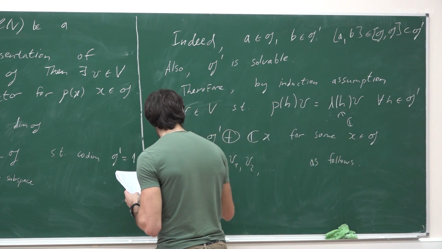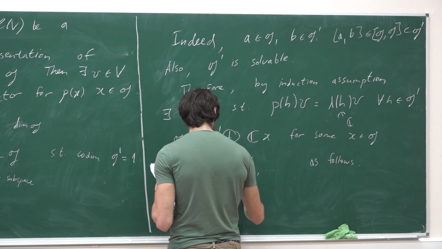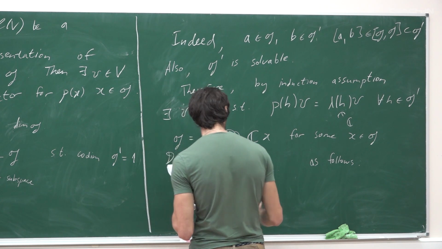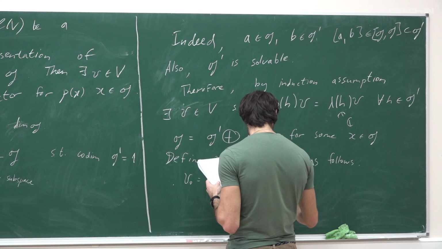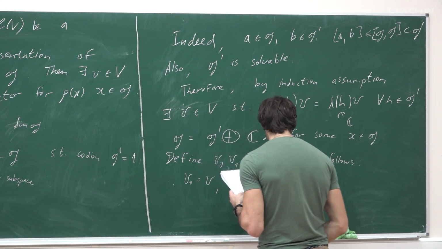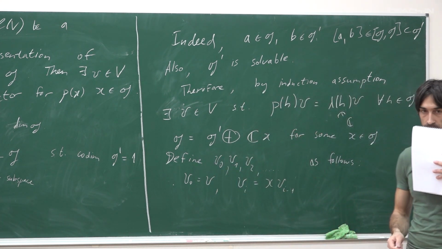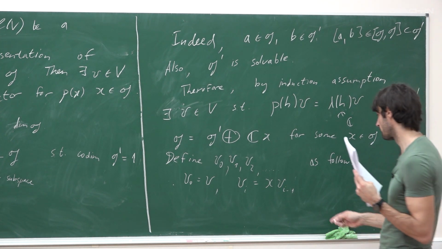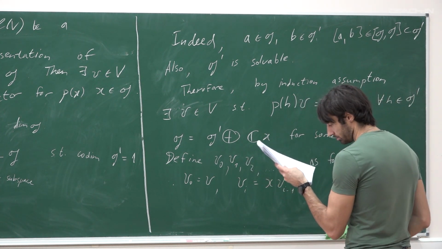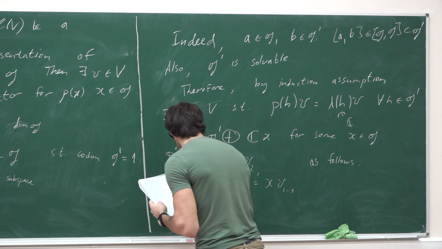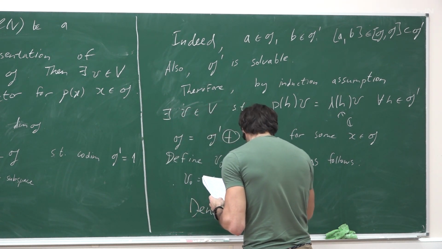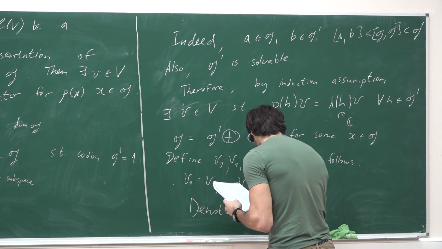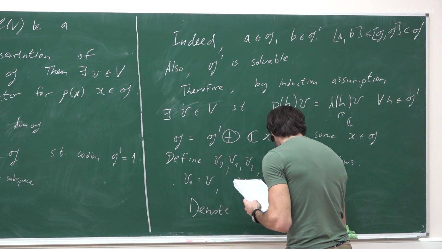V0 is just V, and then v_i is x applied to v_(i-1). Also, let me take the span of these v_i's, and let me denote the span by W.